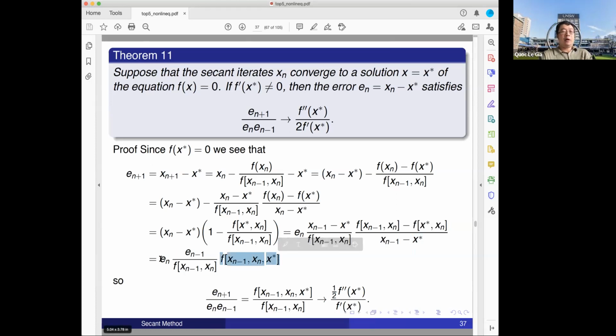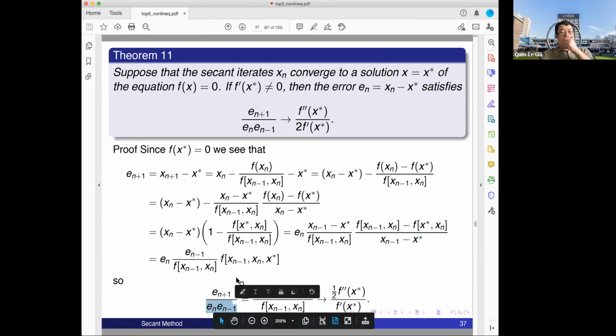Now I have en and en minus 1 on the right, and I can divide them downstairs. Then what I'm left with is just this divided difference over 3 points over the divided difference over 2 points.